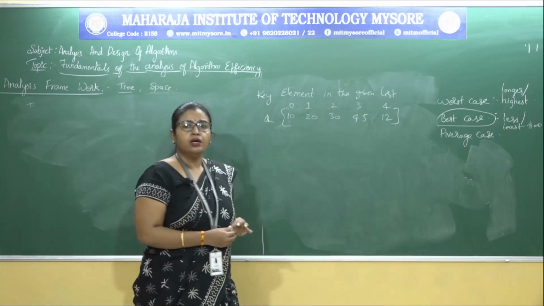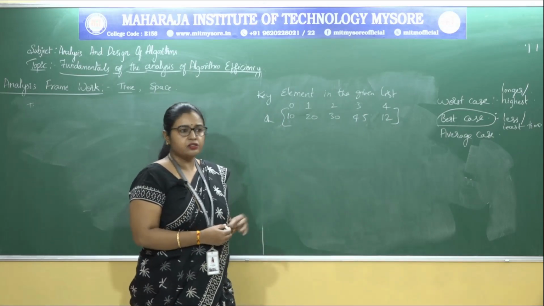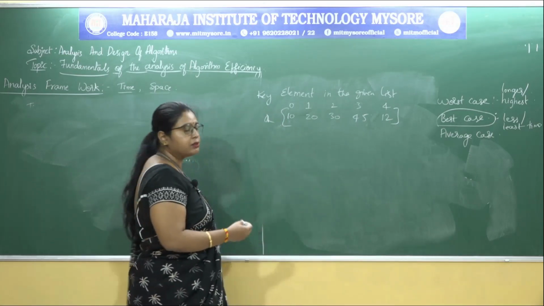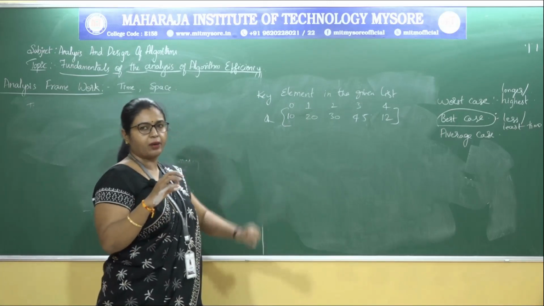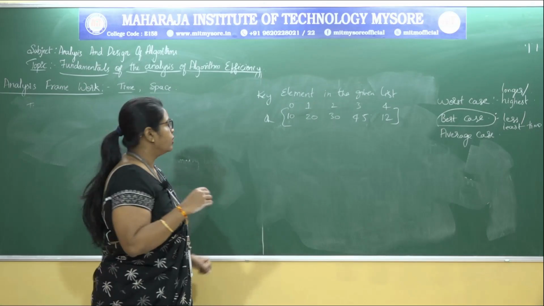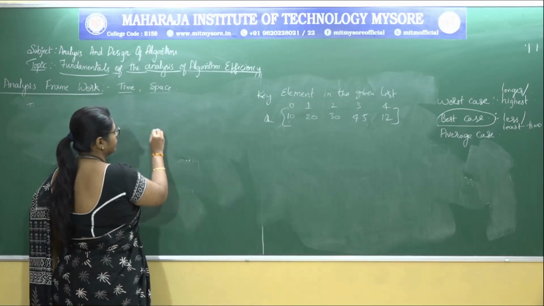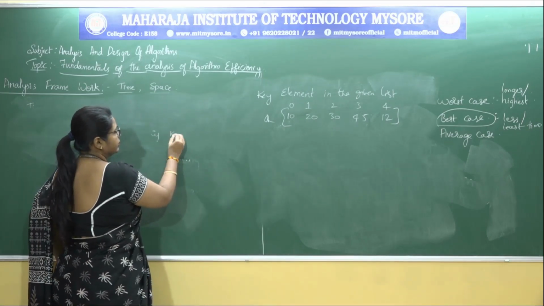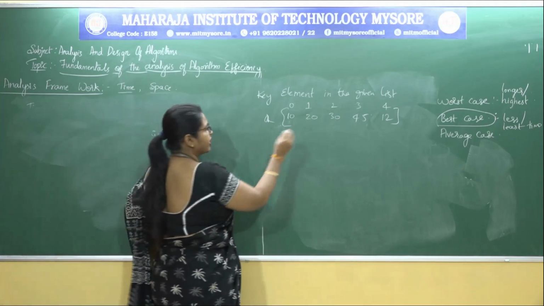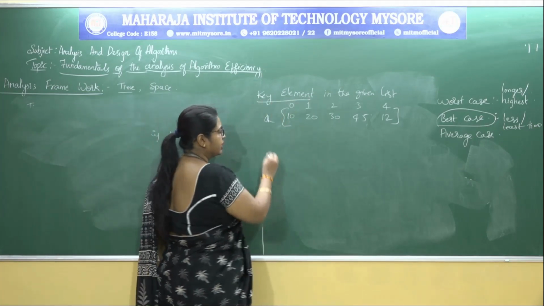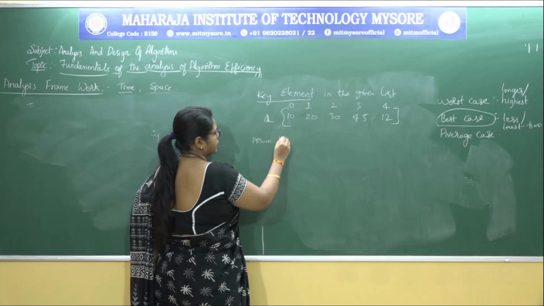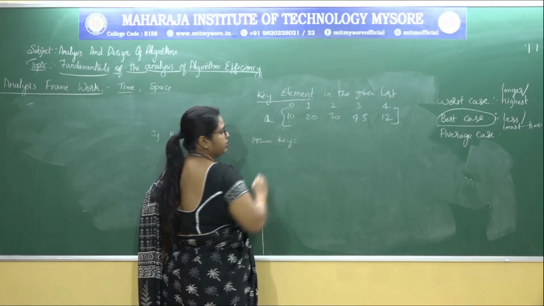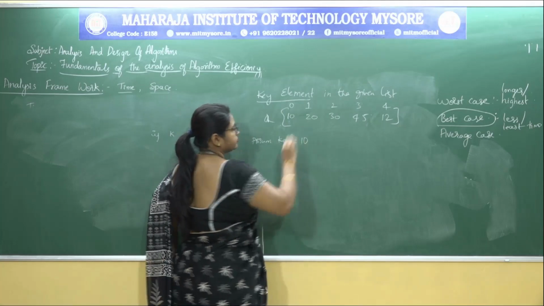So now we need to find out the element. For this we can write the algorithm. The entire algorithm I am not going to write, just the pseudo code. Here, let us assume the key element is equal to 10.